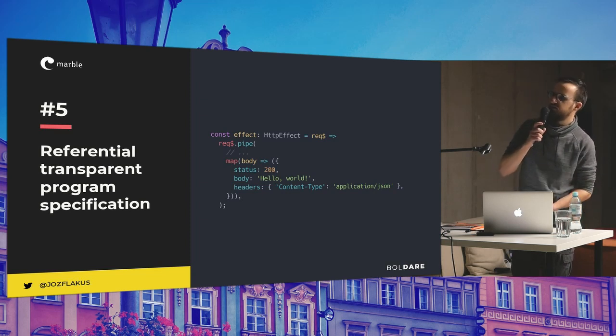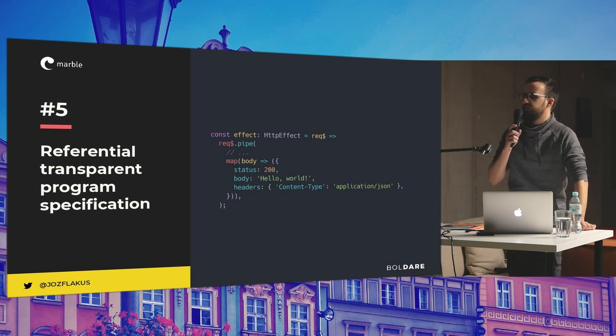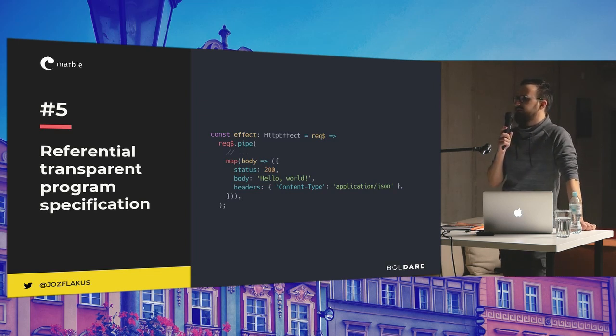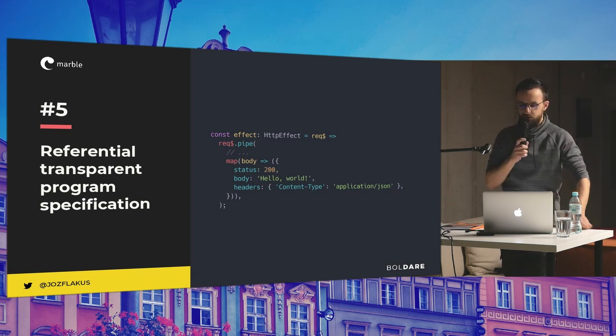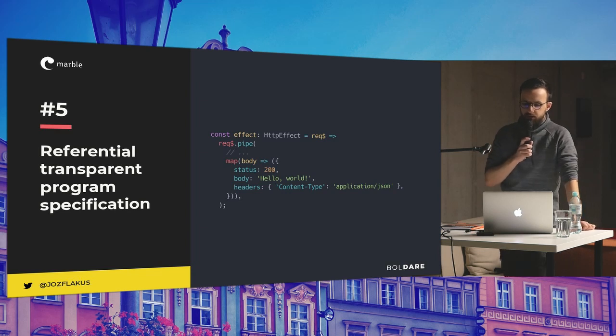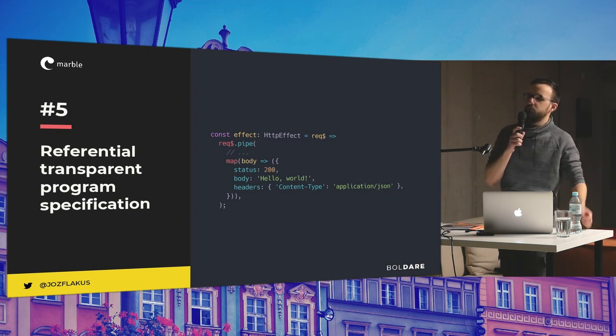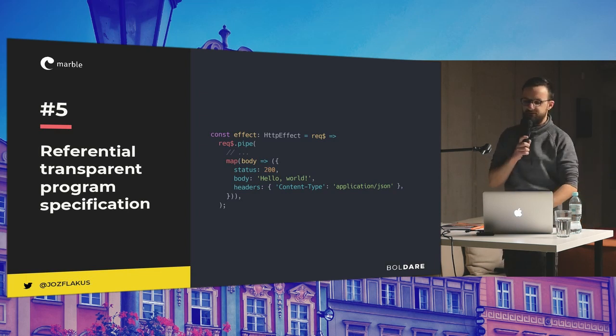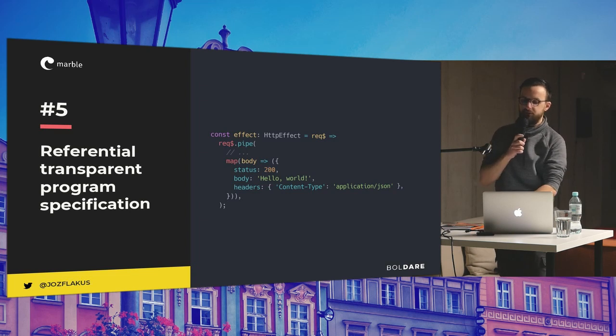So in case of an HTTP effect, it can be mapped to an object with status 200, a body with the string hello world, or some headers. It can be similar for WebSocket handlers, where you can map your input events to some output events as a result, which should be sent to the client at the end.